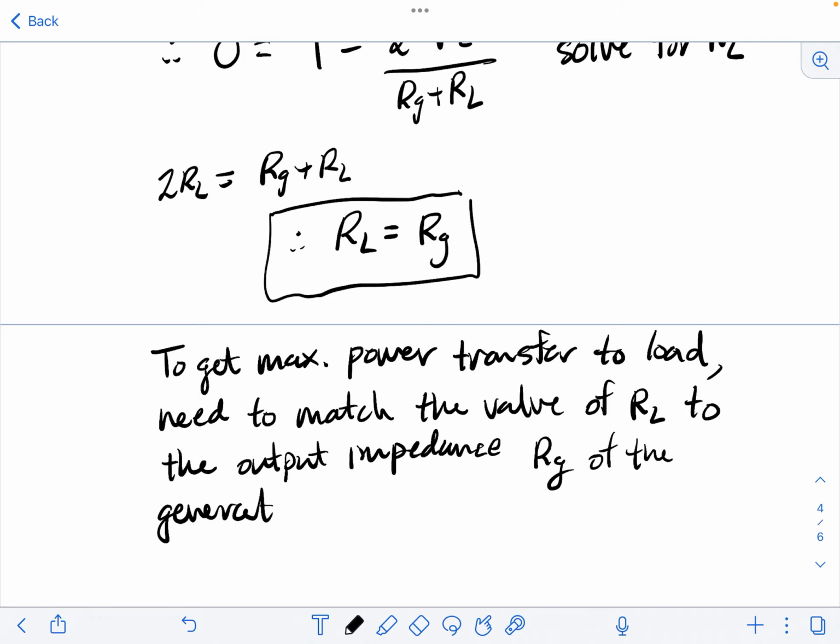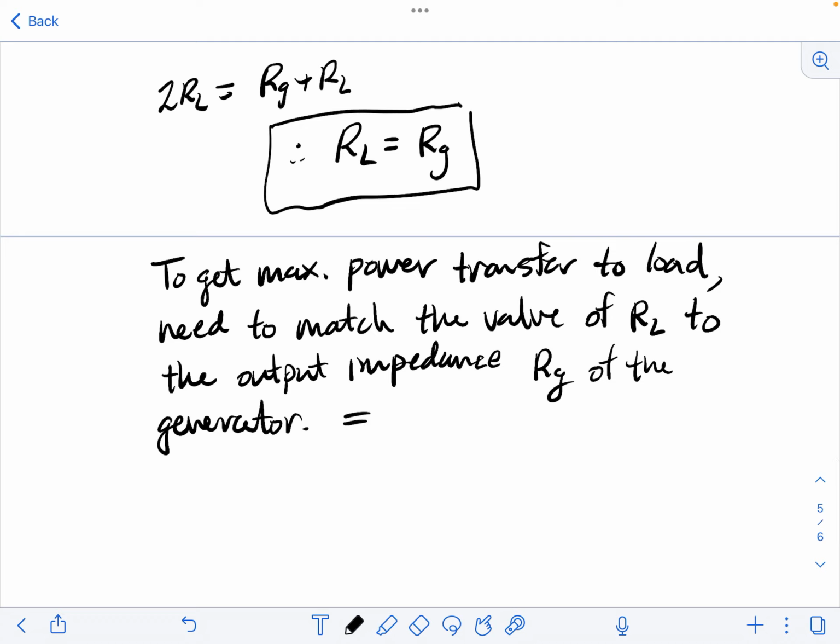Okay, and so this is called impedance matching.